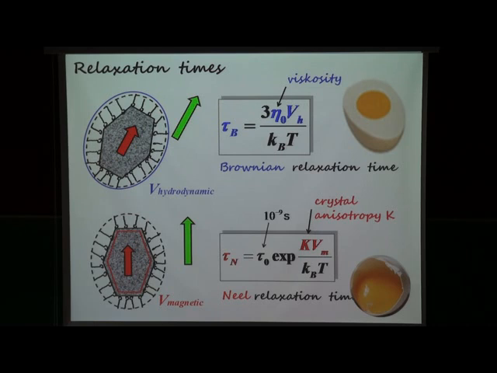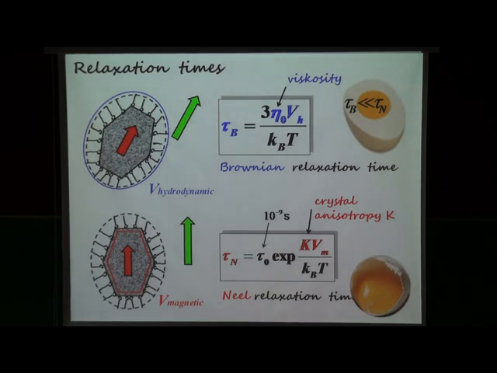And this is the case where the Néel relaxation time is much larger than the Brownian relaxation time. This is the ideal case for easy understanding of interaction of magnetic fields with the flow. And one says that these particles are Néel blocked. That means that the Néel relaxation time is blocked, it's not important anymore.